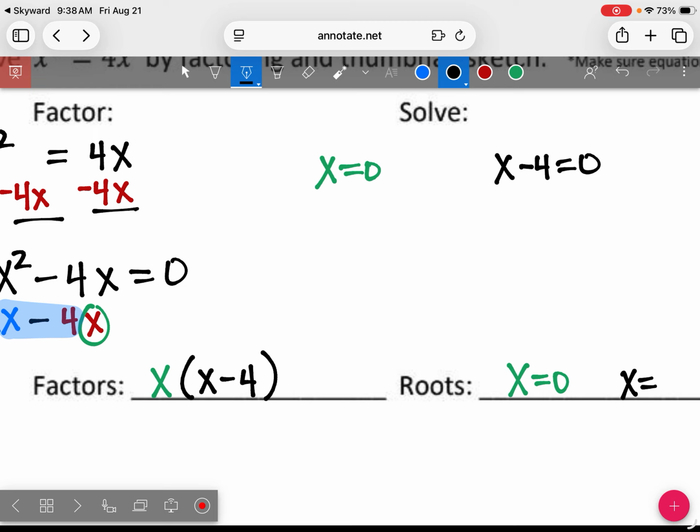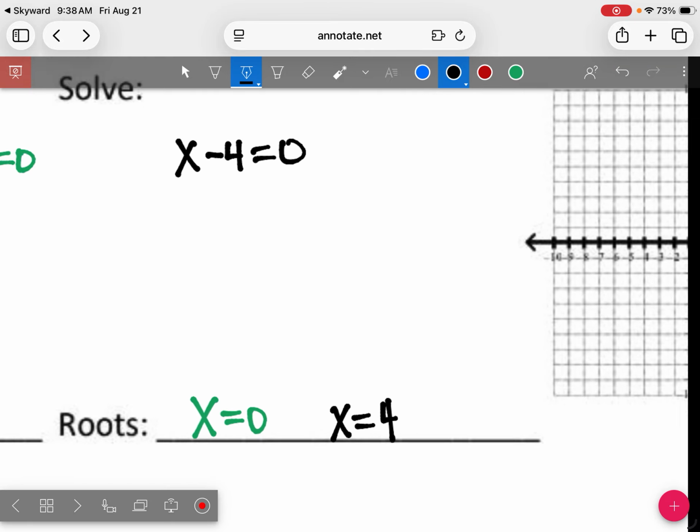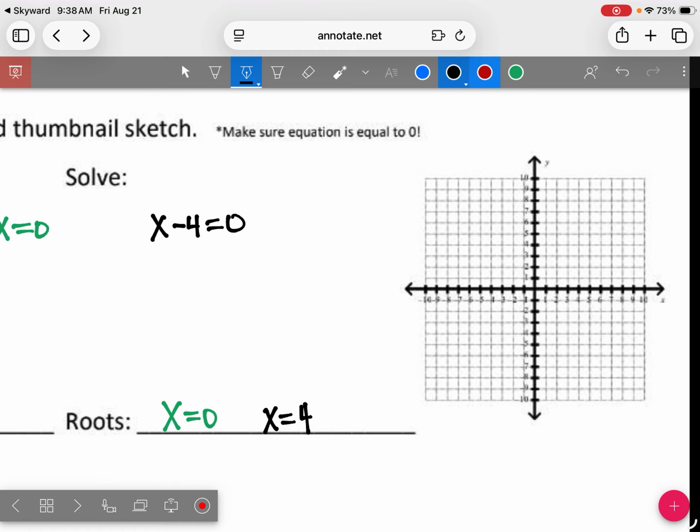So what would be my second answer? Positive 4. So let's go ahead and do our sketch. On the x-axis, put a point at 0, which is where they come together. A point at positive 4 and draw a smile. And that is it.